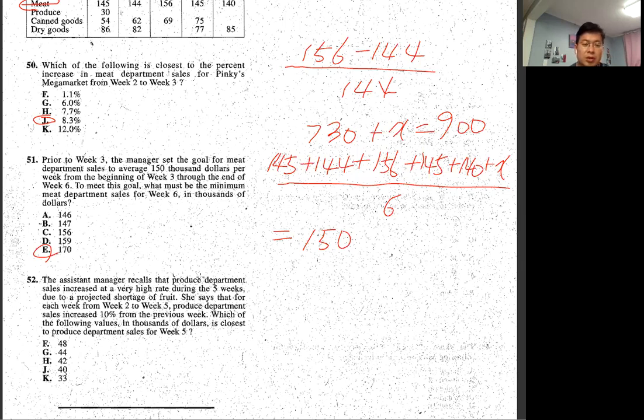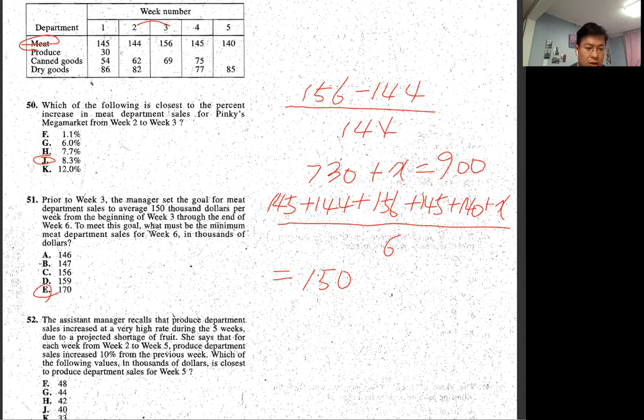Let me double check that, something is wrong with this. Oh yeah, this is wrong. I made a mistake. I didn't read the question: beginning of week 3, so we don't count this.